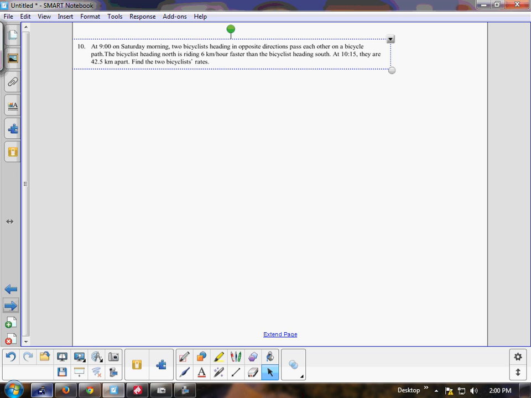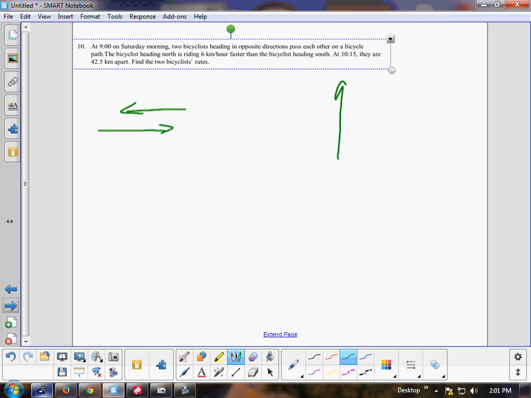All right, this one is a lot like the one we did in class. So on Saturday morning, 2 bicycles heading in opposite directions pass each other on a bicycle path. Heading north is riding, so one is, I should draw it this way. North is up, south is down.